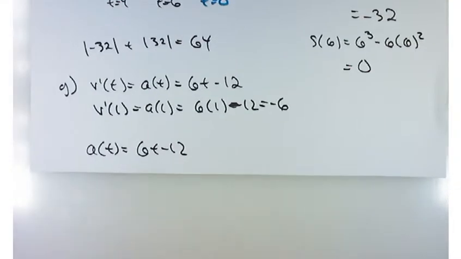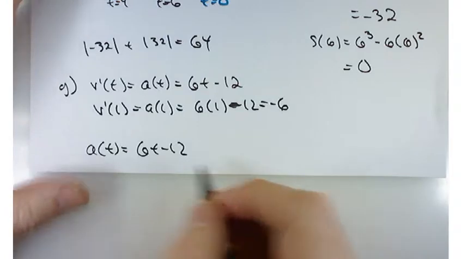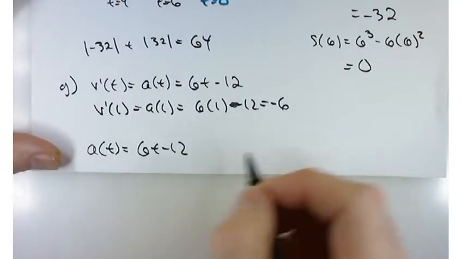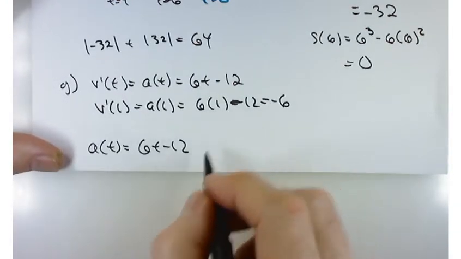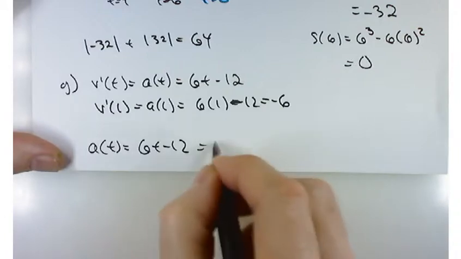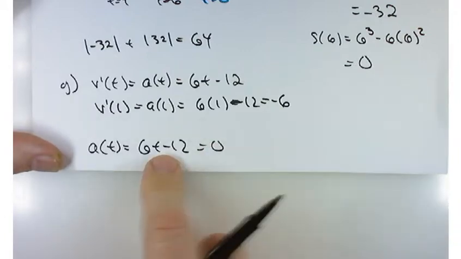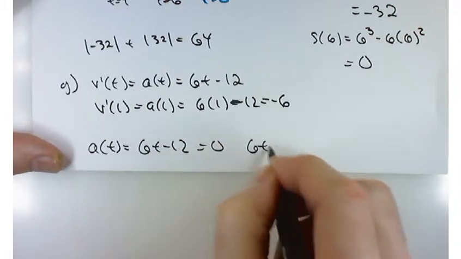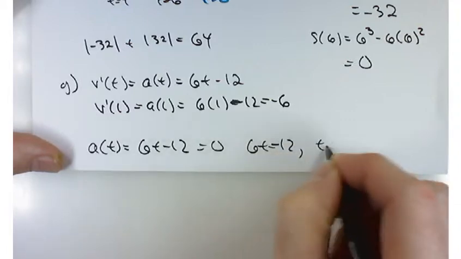The particle is speeding up when the acceleration is positive. If your acceleration is positive, then you're getting faster. If your acceleration is negative, you're going slower. Now, it's not talking about your velocity, it's just talking about the change in velocity. So let's find the break-even point. The break-even point is when this is equal to 0. So 6t equals 12, or t equals 2.